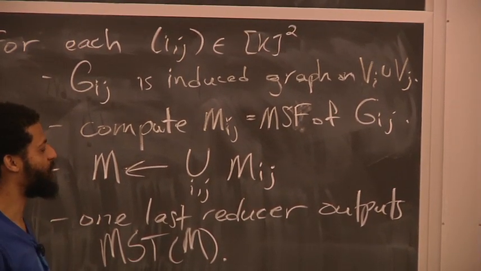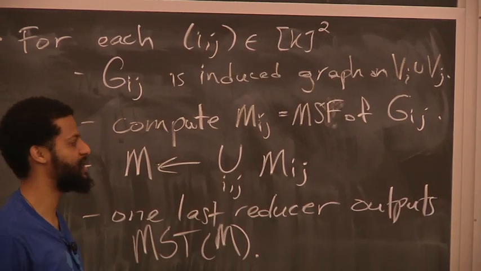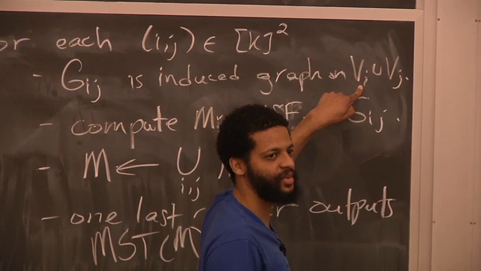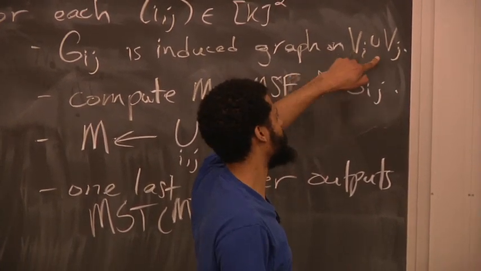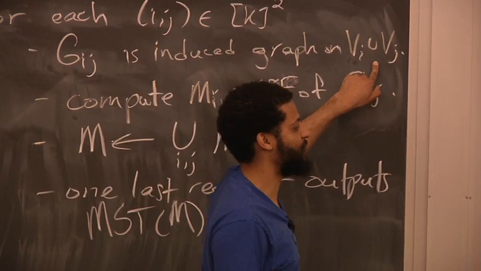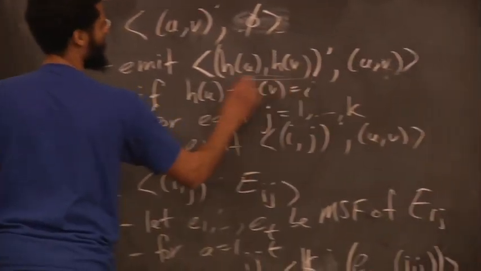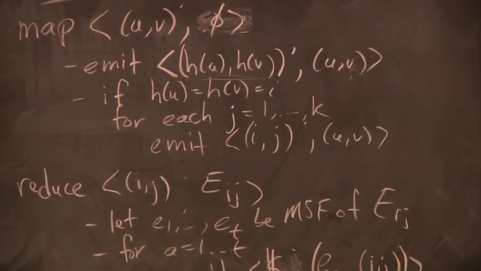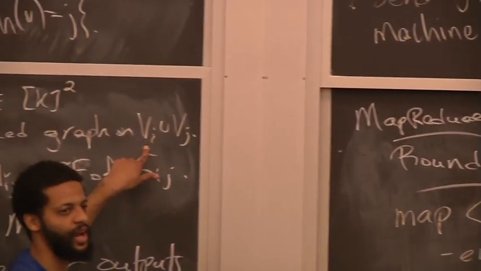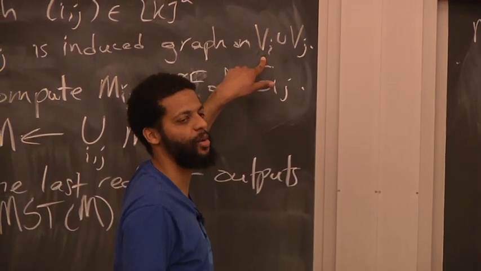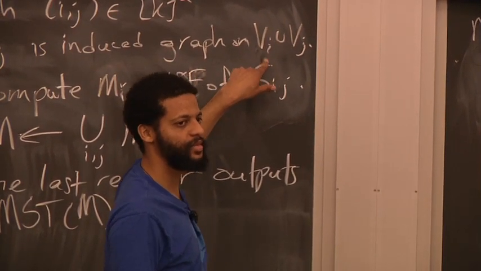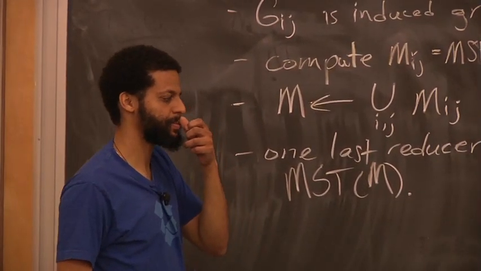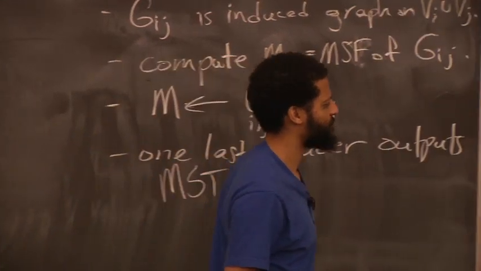So in order to have that be true, let's say that both u and v hash to i. But now look at Vi union V1. If I just did this, then that edge that's internal to Vi would not actually be emitted to i comma 1. Does that make sense? Okay.